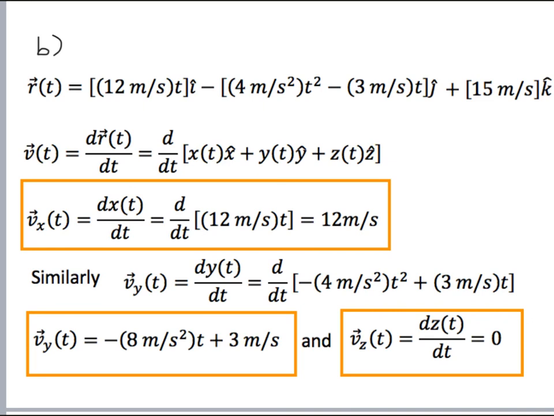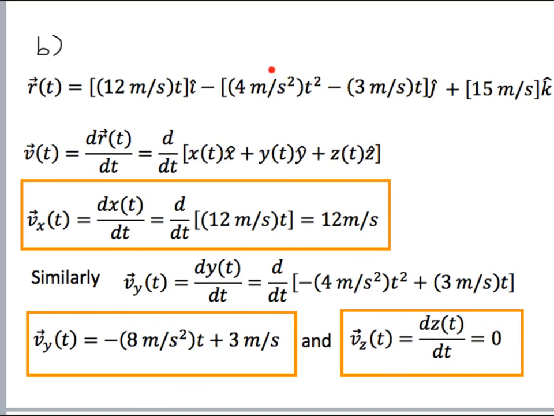And similarly, when you want to do the y function, so my y part is this 4t squared minus 3t, and so when I take the derivative of this, I get minus 4 meters per second squared t squared plus 3 meters per second t, but you'll want to pay attention to the fact that I've taken this minus sign here and I've actually distributed it. So there's the minus 4 here, and then the minus makes a plus.